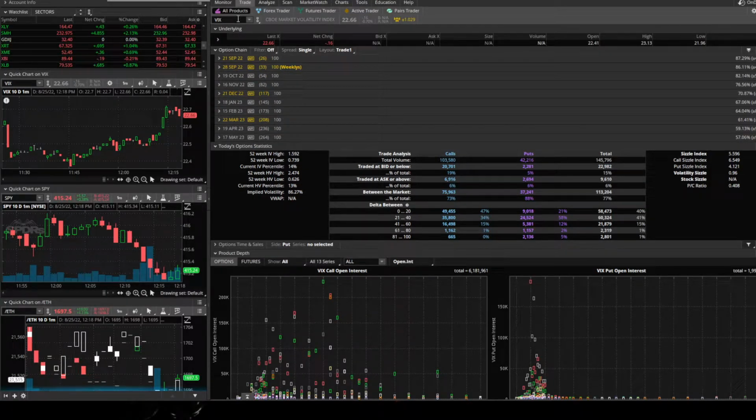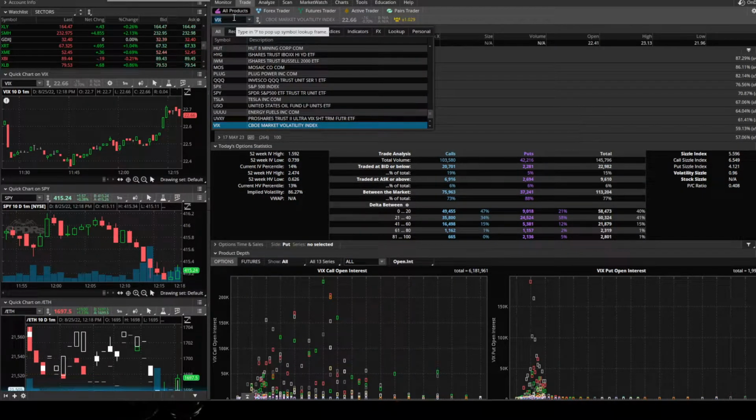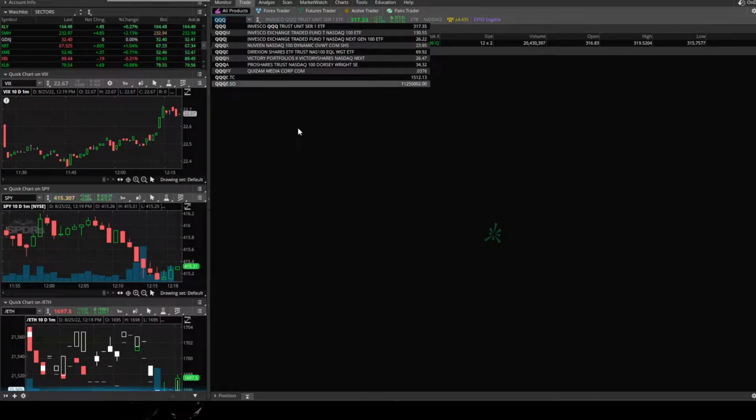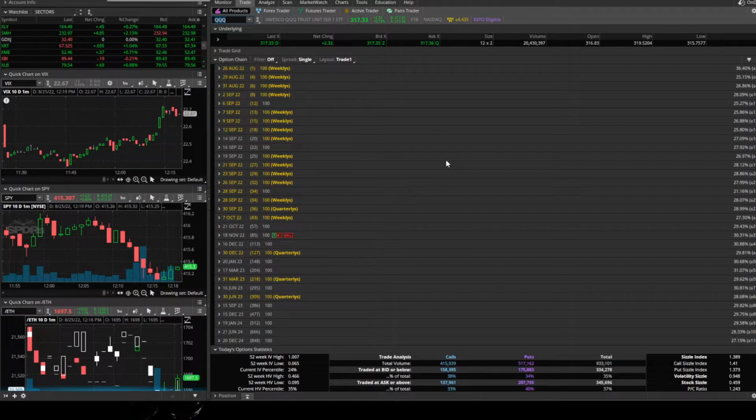Another options chain I want to be looking at is also QQQ. QQQ also has a pretty decent-sized position. Lots of QQQ stocks like Costco, Amazon, Microsoft, they all have big options expirations coming up.